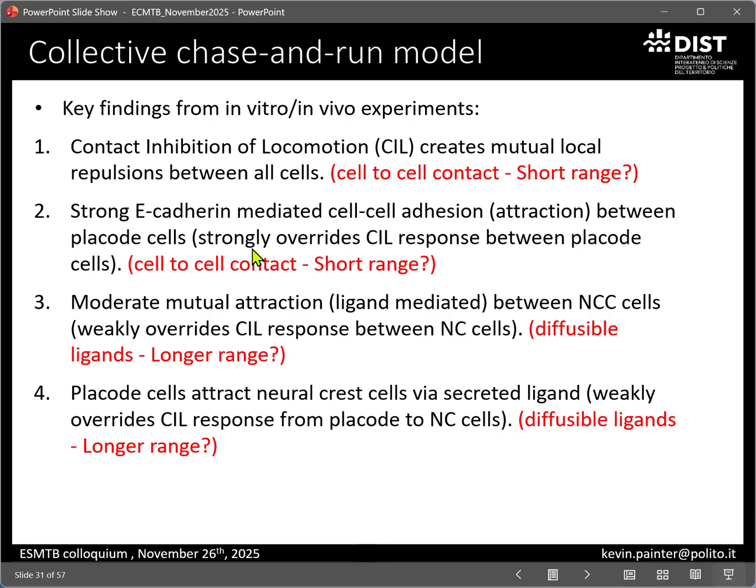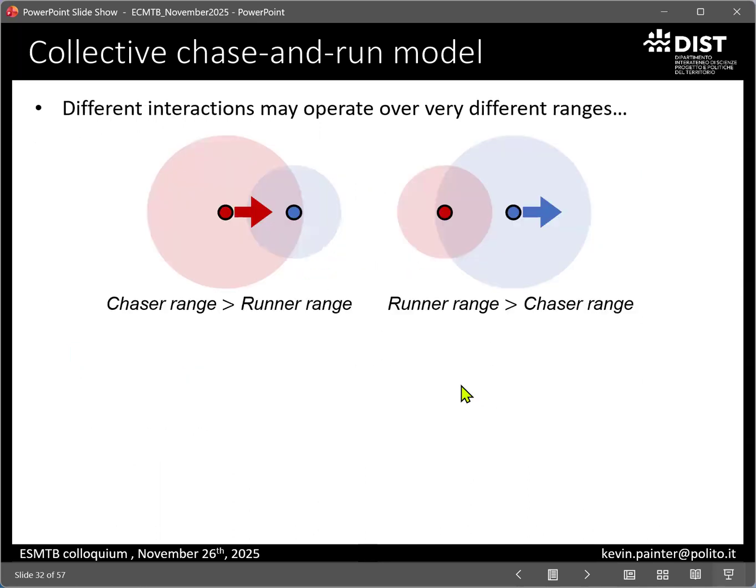You need the cells to be physically touching at their membranes in order to do that. But some of those other processes are likely to be acting at a longer range because they're mediated by diffusible ligands that can spread into the space and initiate an interaction over a slightly longer range. So you've got different potential ranges of interaction between them.